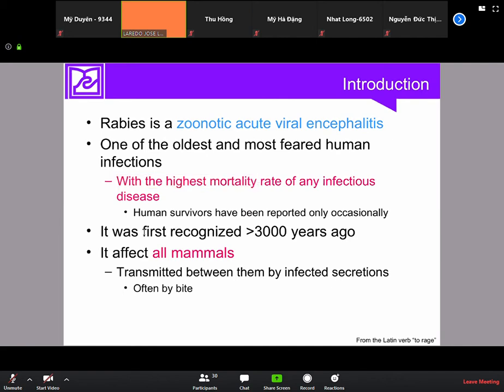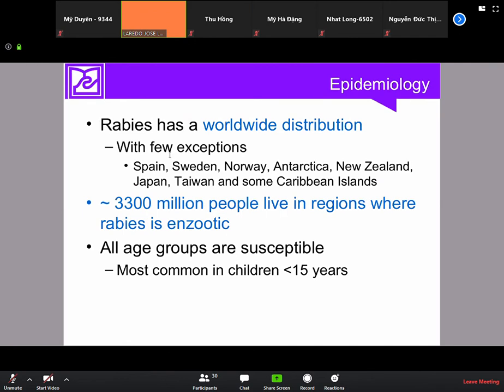Rabies was firstly recognized more than 3,000 years ago. Rabies affects all mammals, all. So all mammals have risk to suffer rabies. Rabies is found everywhere in the world, with very few exceptions. Very few countries have removed rabies.